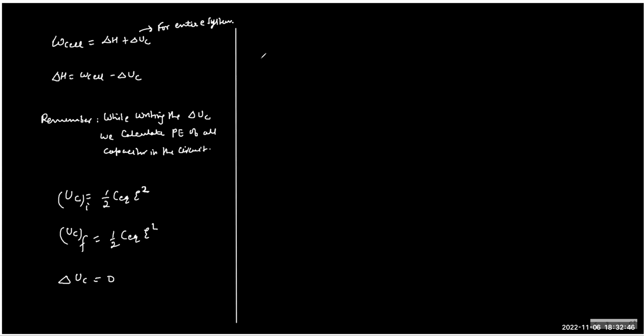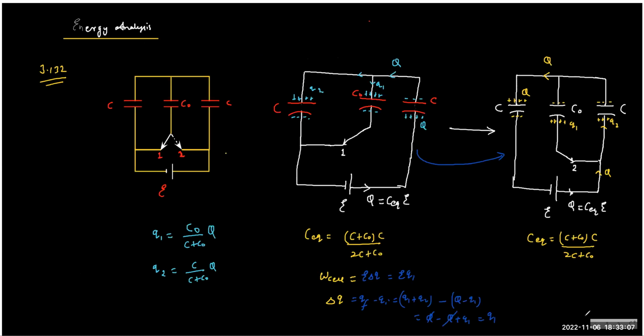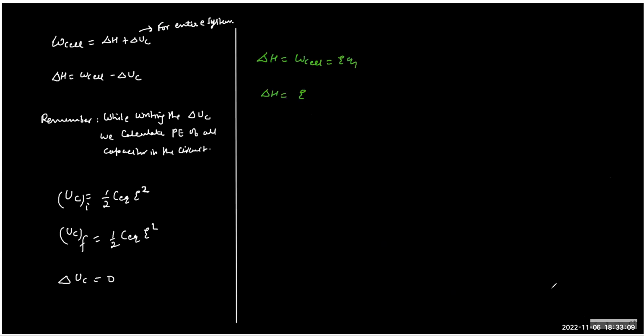So we can write delta H is actually the work done by the cell, which is E Q1. That's it. That is the answer. And what is Q1, by the way? What is Q1? C naught Q by C naught plus C. But what is Q itself?